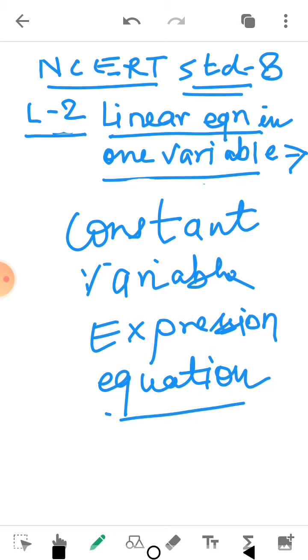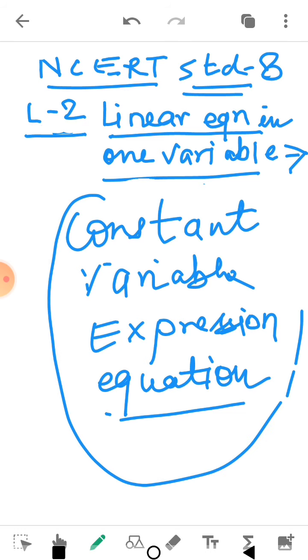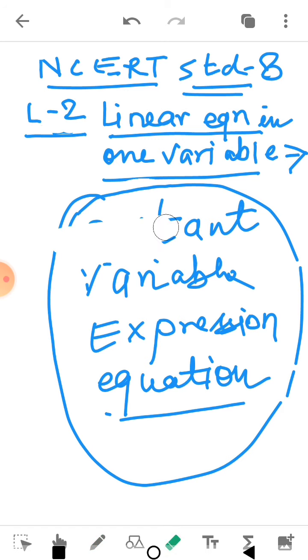These are all the basic terms relating to linear equation in one variable. Okay, now first of all we discuss constant term.